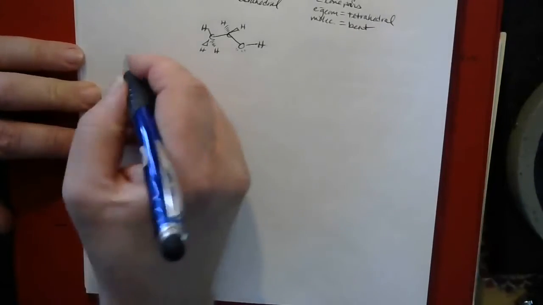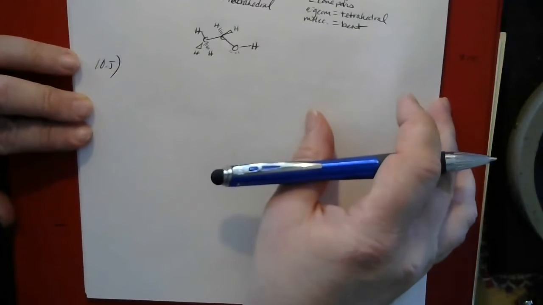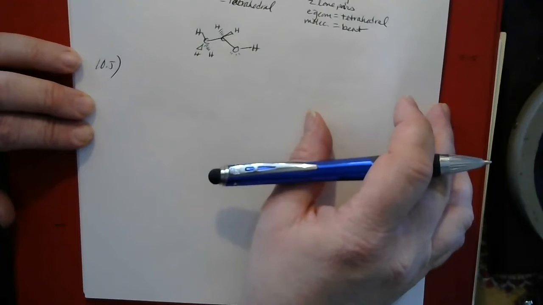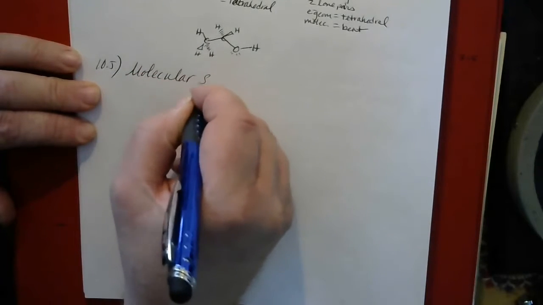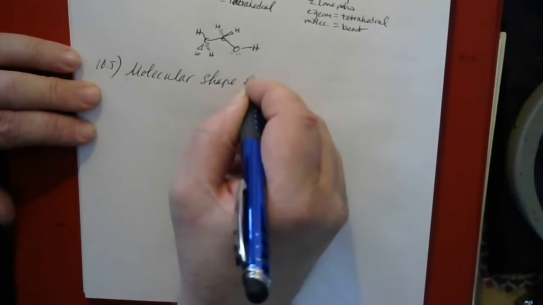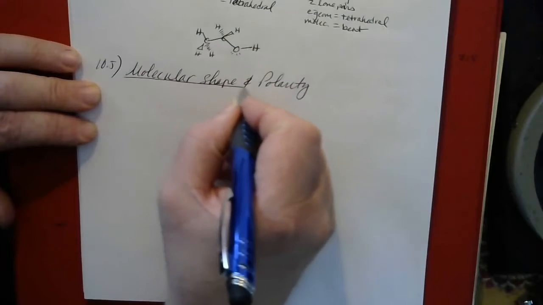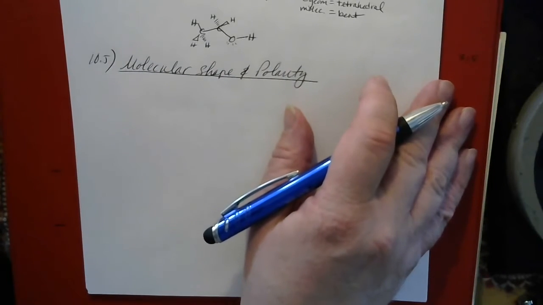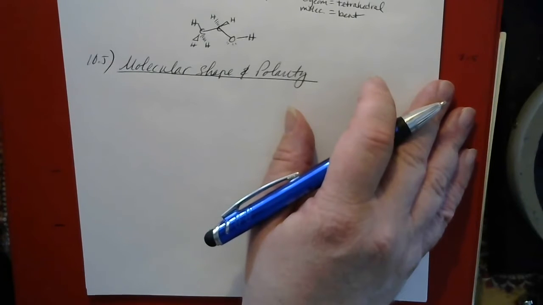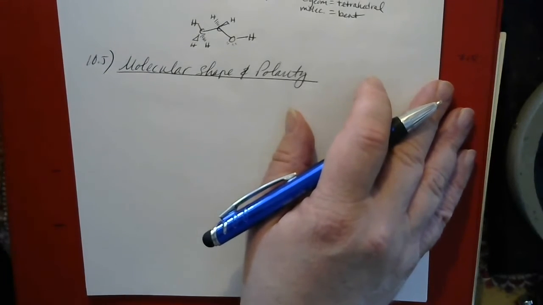The next topic is in section 10.5, and that is molecular shape and molecular polarity. The polarity of bonds is pretty easy. Essentially, if you've got a bond that involves two atoms with significantly different electronegativity, then the bond is polar. Pretty simple.